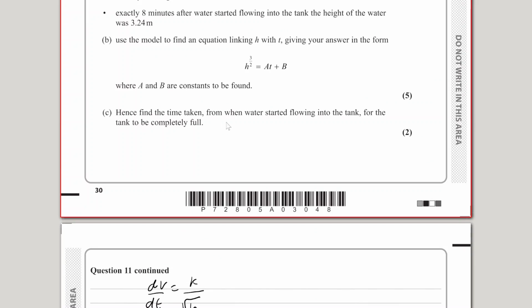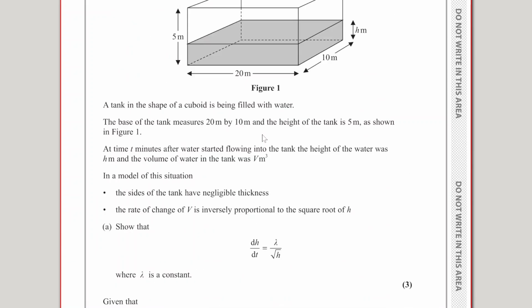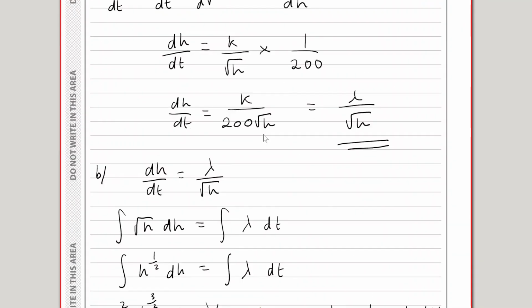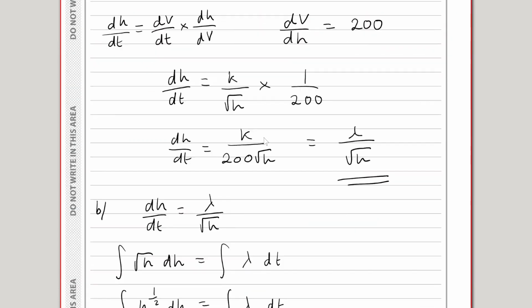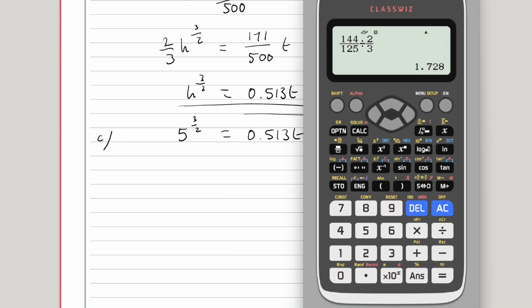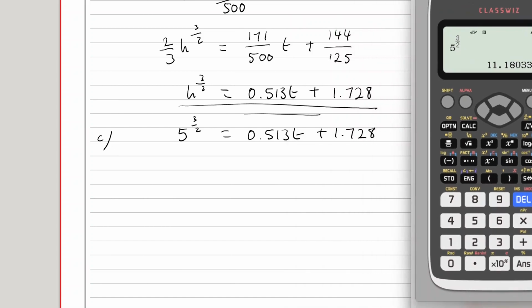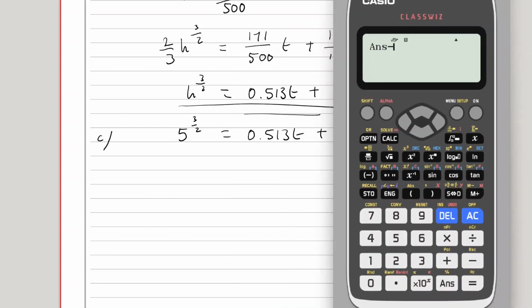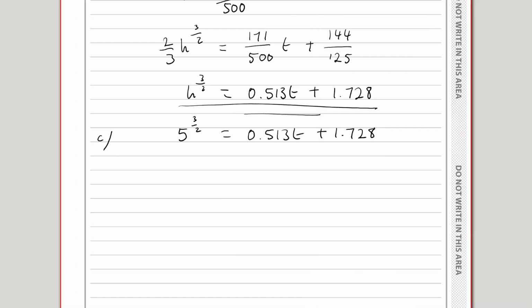Hence find the time taken from when water started flowing into the tank for the tank to be completely full. So that is when h is 5. So when h is 5, what is t? So 5 to the power of 3 over 2 equals 0.513 t plus 1.728. We want to take away 1.728, so 9.452 and so on.